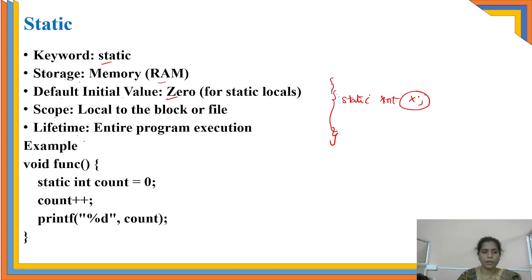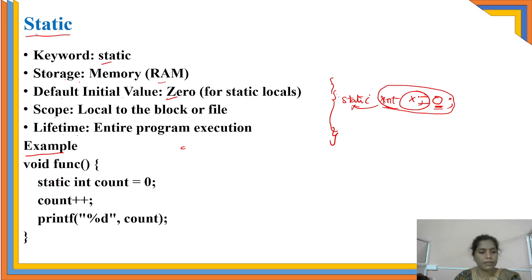Lifetime is the entire program execution. What do you mean by static? It is an important keyword in C. If you declare a variable as static, it will be initialized only once in its lifetime.